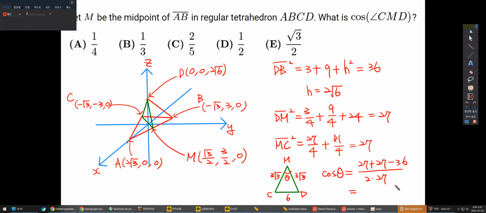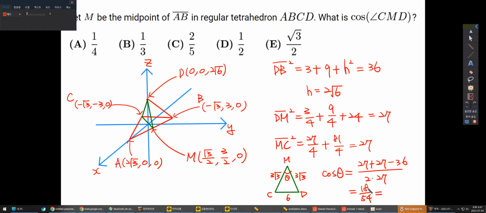Yep, can you simplify this fraction? Can you find the value from the choices? Can you hear me?